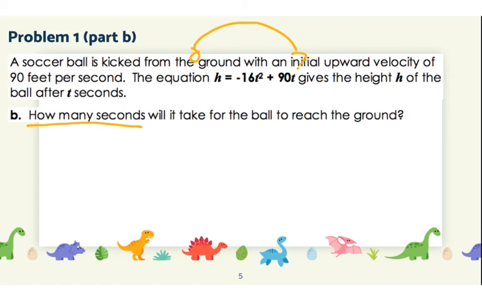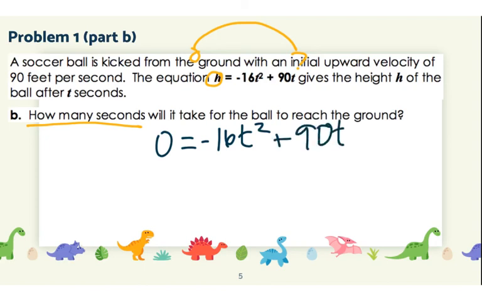And remember, we said when it hits the ground, the y value is going to be 0. So now we are going to solve it. I'm just going to rewrite 0 equals negative 16t squared plus 90t.